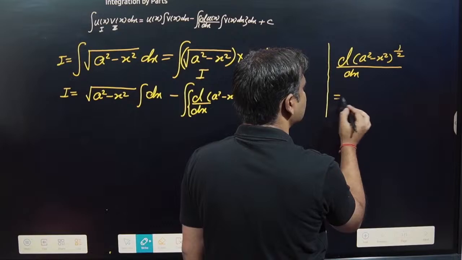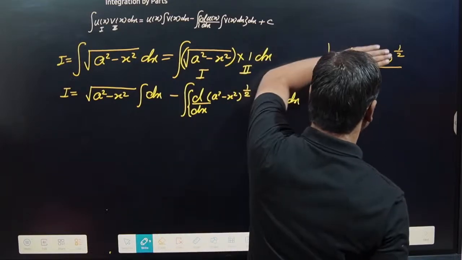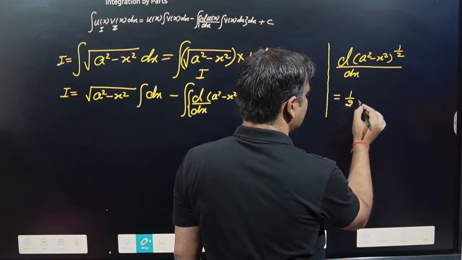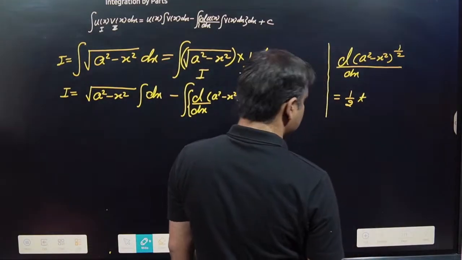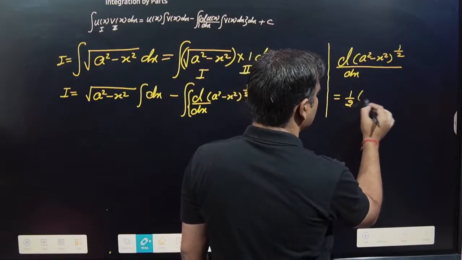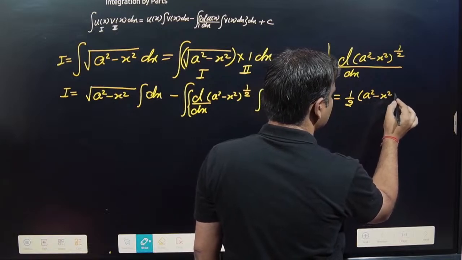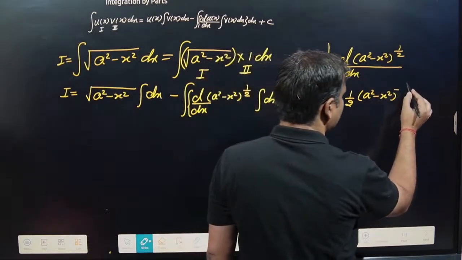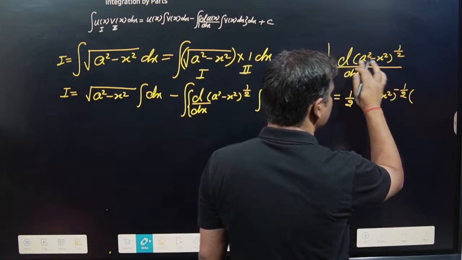Simply this one is treated as t to power half. So you can say half into t to power half minus 1, that is a square minus x square to whole power 1 by 2 minus 1. So minus half into the differentiation of that one.